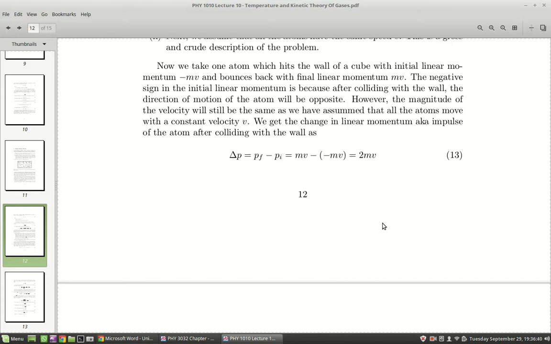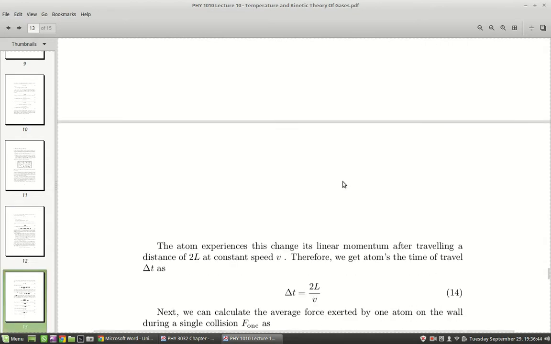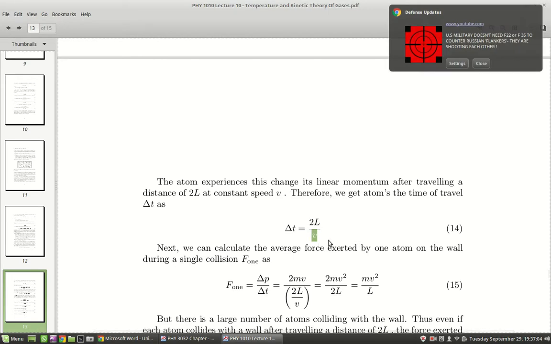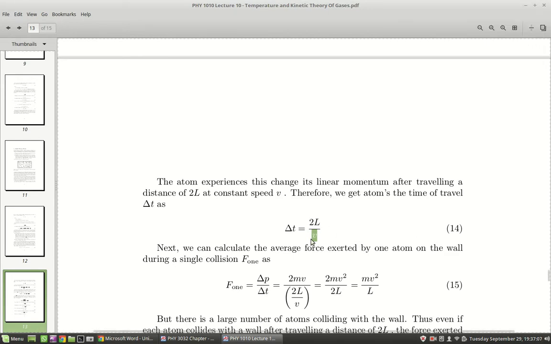In this distance of 2L, the atom is moving at a constant speed of v. Therefore, the time is the total distance, 2L, divided by the speed v.